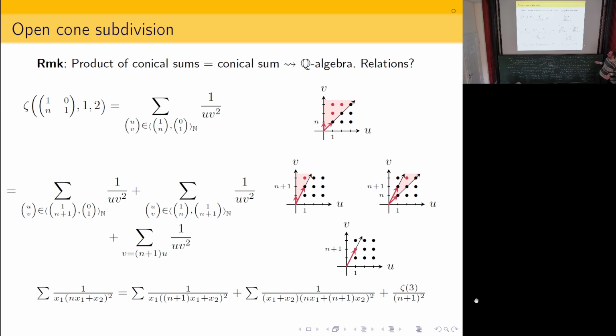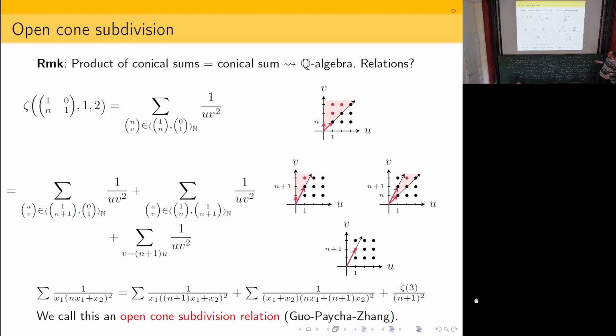And well, it is what it is. It's a relation among conical sums. It tells you something which is not completely trivial, thanks to these kinds of decompositions. Also, notice that this is a linear relation between conical sums. This is one family of relations.